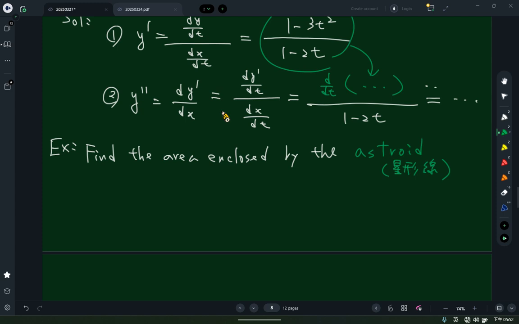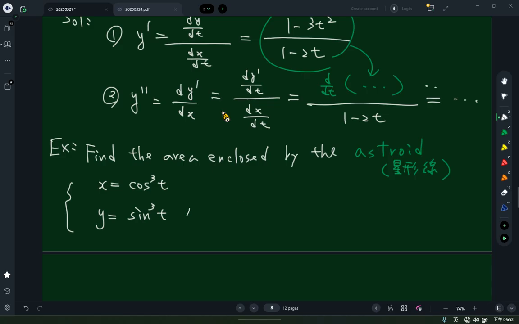You know, when we just learn the parametric function, why do we need to learn the parametric equation of a parametric curve? Because it is not easy to just simply use x and y to describe some spatial curves. For example, this is the asteroid. I can show you first. The function looks like this one: x is cosine to the power of 3t, and y is sine to the power of 3t.